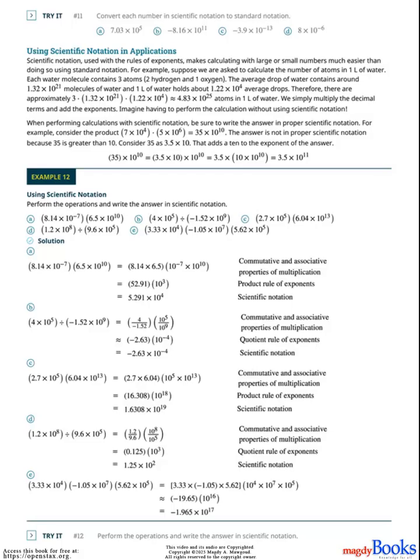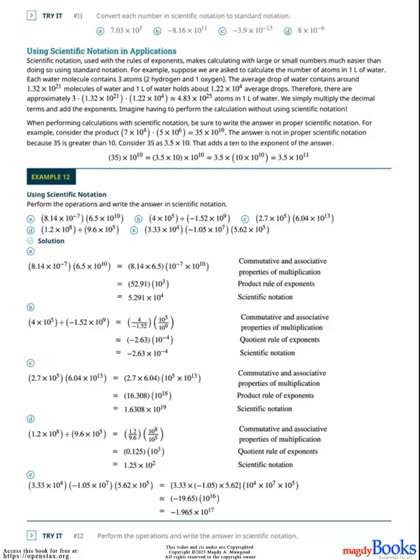Scientific notation. C. (2.7 × 10^5) × (6.04 × 10^13) = (2.7 × 6.04)(10^5 × 10^13).